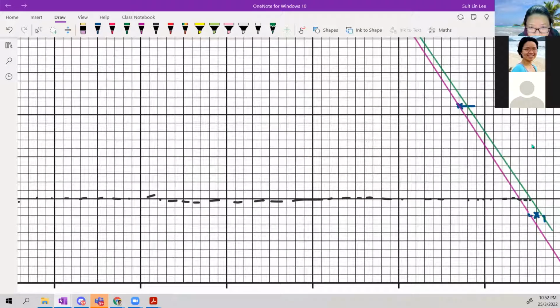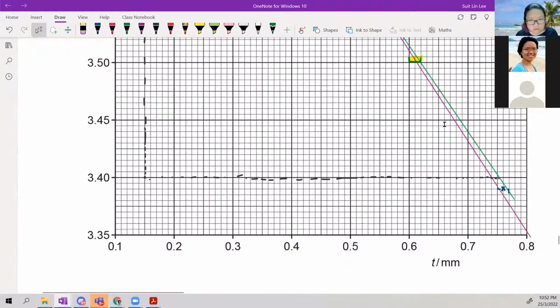Such a privilege to be able to draw on paper, you guys. Okay, so 0.66 would be here.